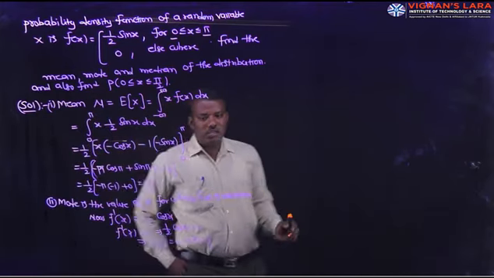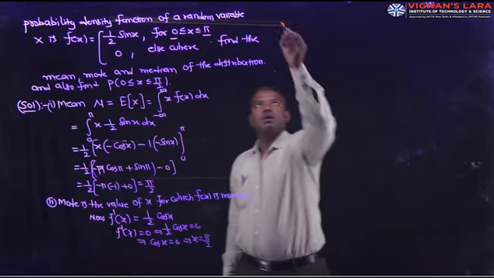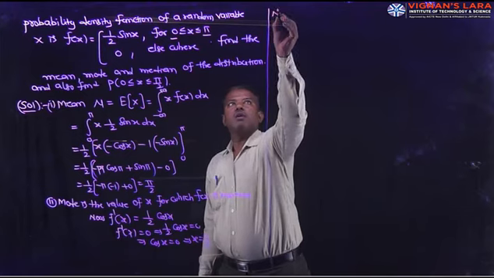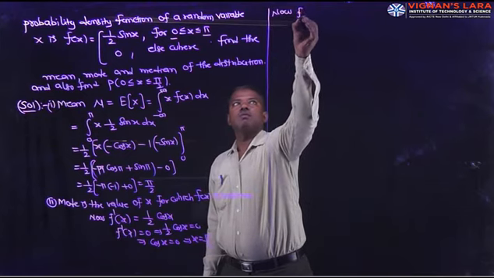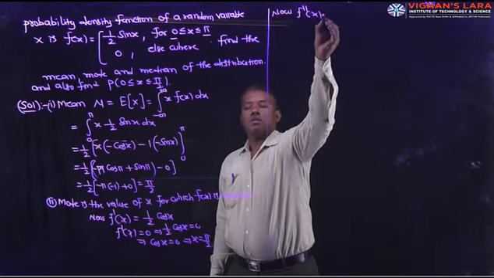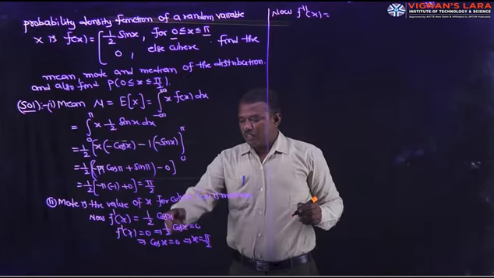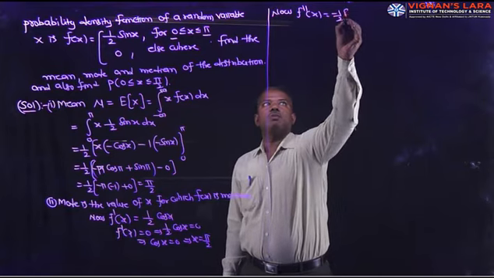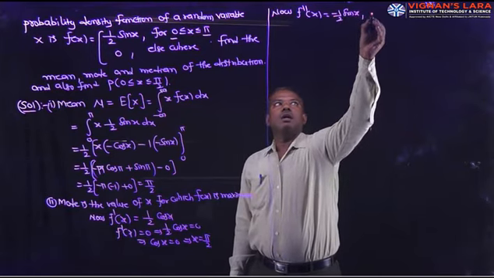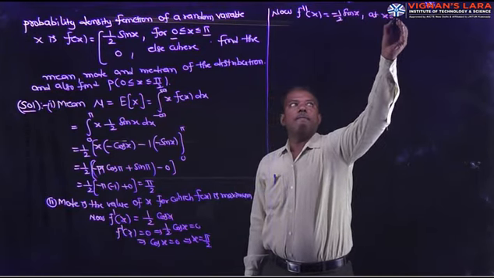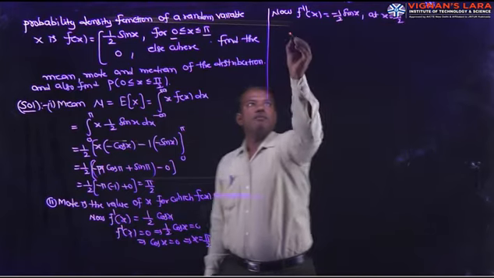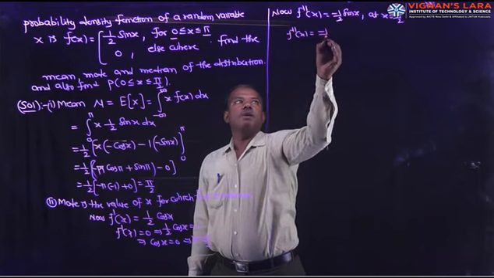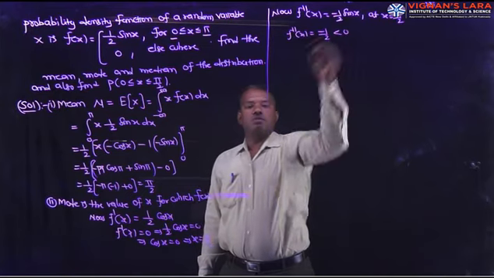Then calculate the second derivative. F dash of x is 1 by 2 cos x, so f double dash of x is minus 1 by 2 sin x. At x equal to pi by 2, sin pi by 2 is 1, so f double dash of x is minus 1 by 2, less than 0.